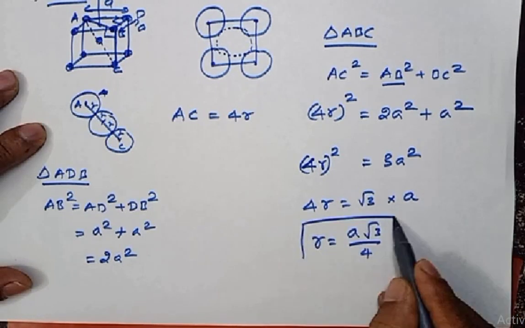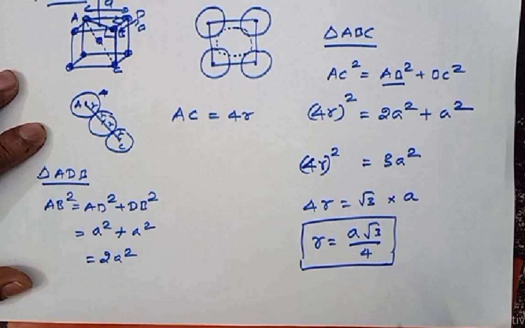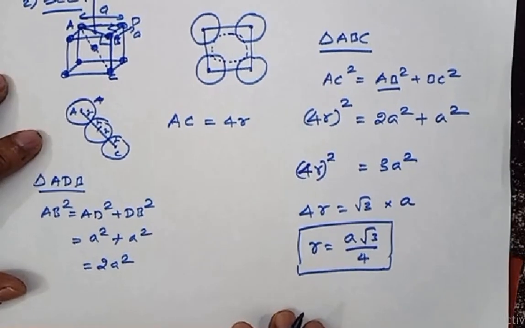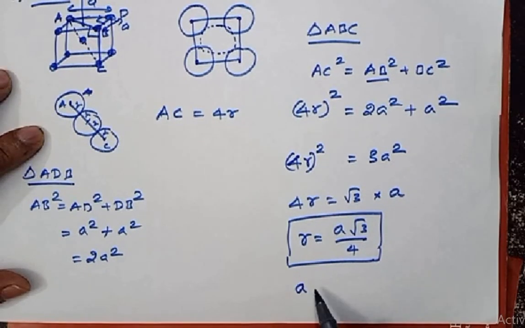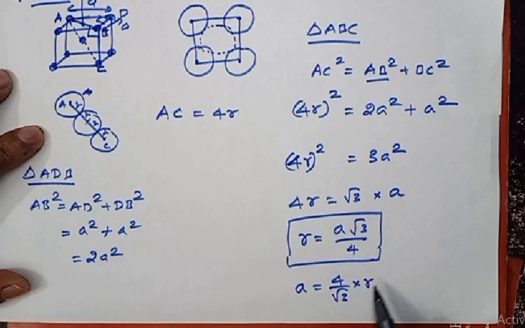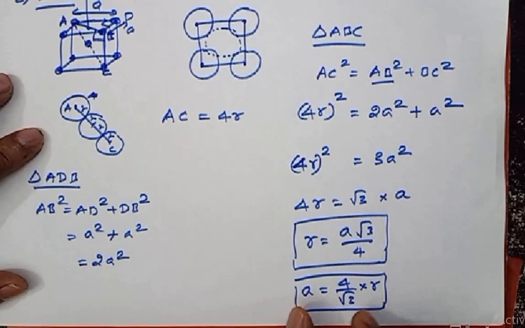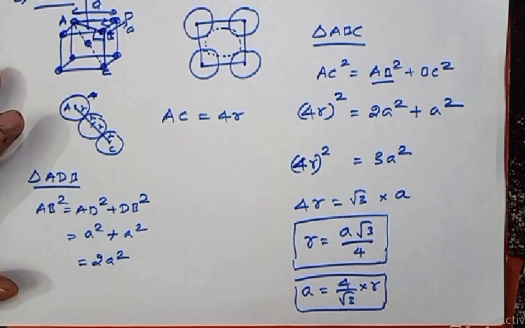This is the relation between radius and a for the body centered cubic unit cell. Or you can also write a is equal to 4 by root 3 into R. Take down, this is the relation between edge length and radius of the atom for BCC unit cell.